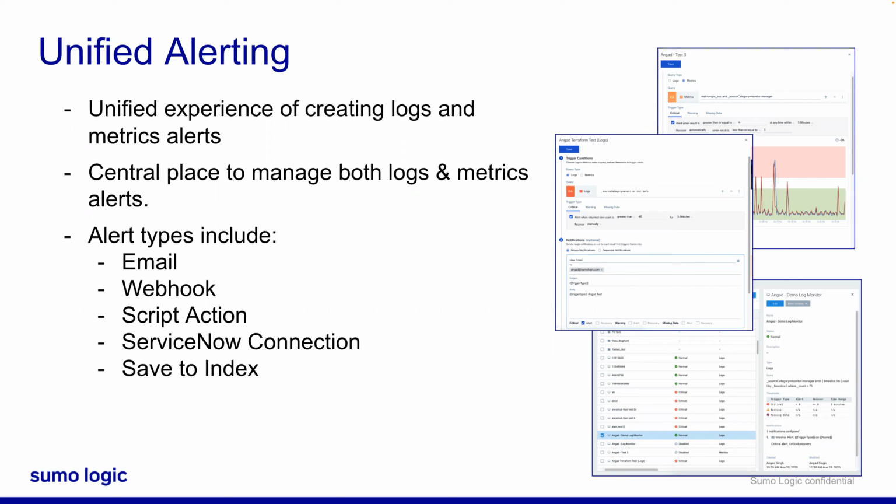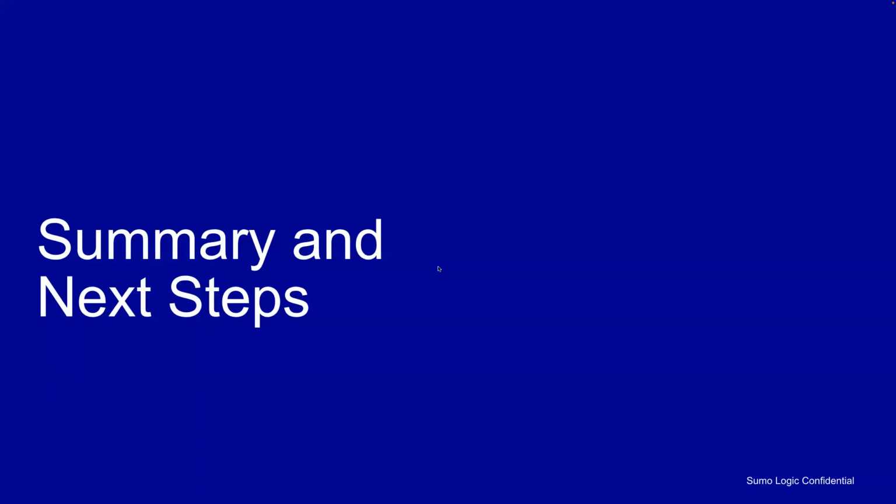You can create alerts, whether they're log or metrics alerts, that have specific levels of when they trigger, who they trigger to, and a severity level: is it severe, is it critical, is it a warning. If you haven't used Sumo before, this unified alerting is going to seem obvious that it should be there. If you have, you're going to be happy that it is there because it's been needed for a while. So I just wanted to remind you of it.